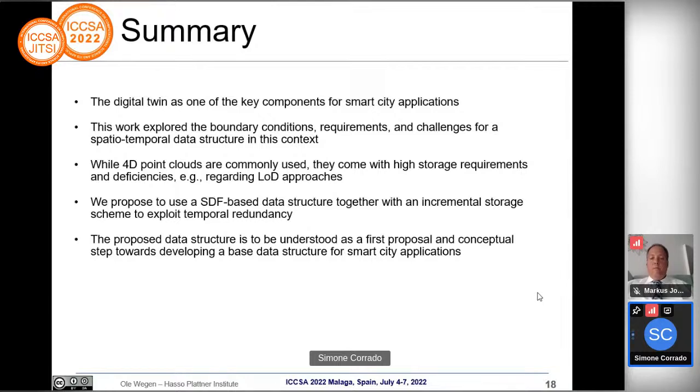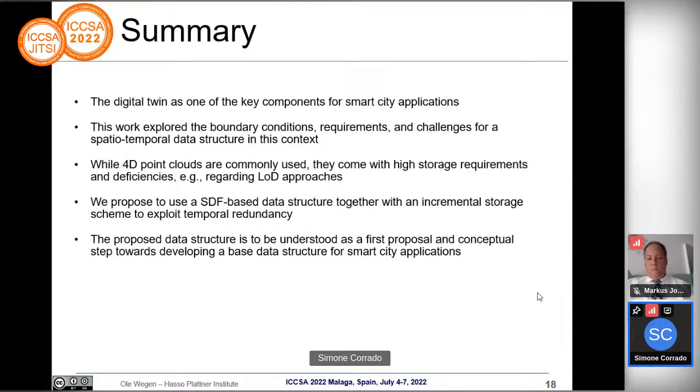And if you subtract these signed distance fields, you get also a signed distance field that represents the change between these two. So if you then only store the changes, which has less occupied voxels than the whole scan, you reduce this temporal redundancy, and yes, do not need that much storage.